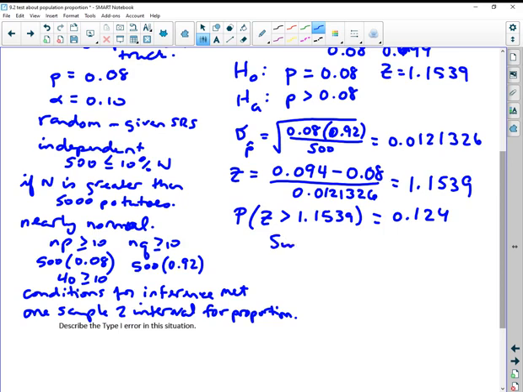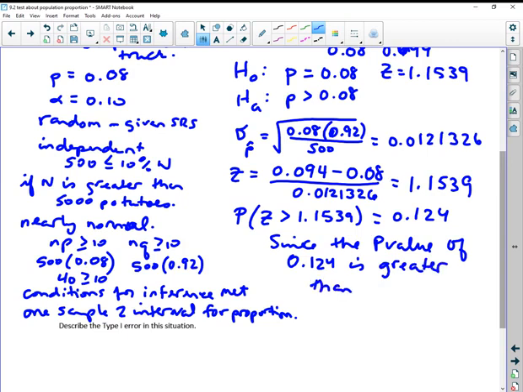So since the p-value of 0.124 is, what is it? Is it greater than, less than? Oh, it's greater than alpha equals 0.10. We fail to reject. We're keeping those potatoes. Fail to reject the null hypothesis.